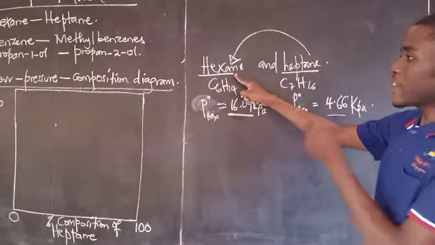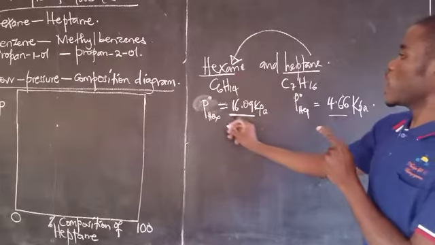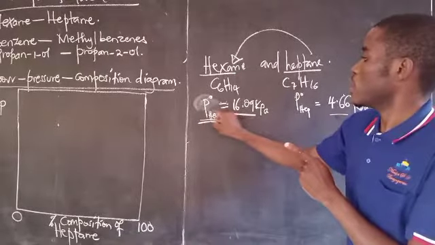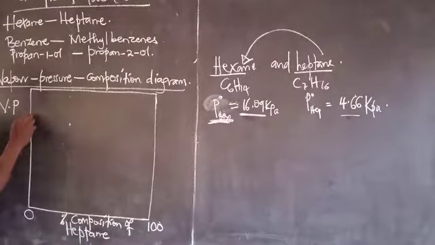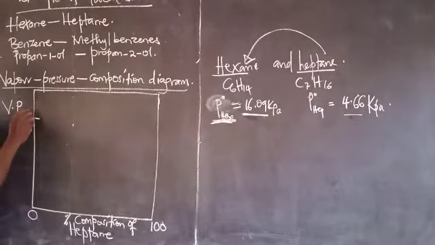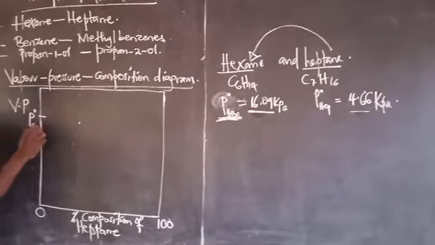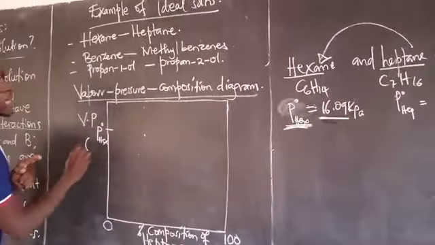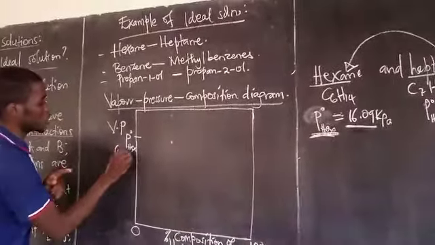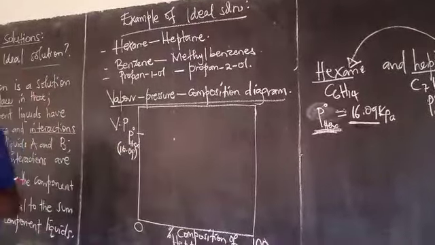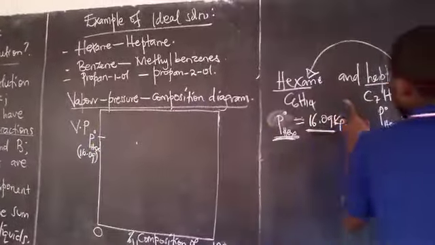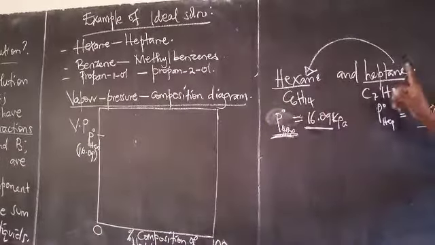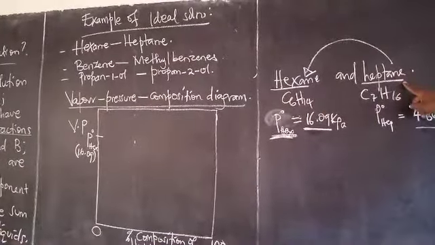An indicator that the vapor pressure of hexane will be the P naught. So we can briefly put the P naught of hexane here. You can even put the figure 16.09. And as we have seen, hexane is more volatile than heptane.